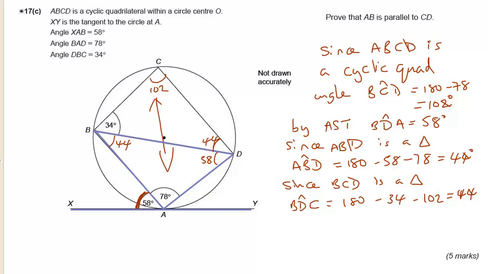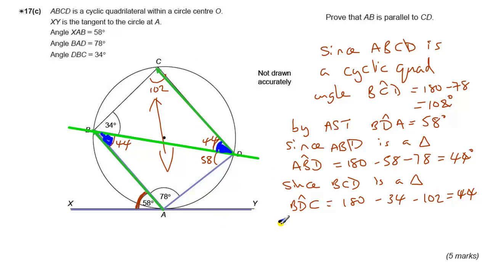So to prove that AB is parallel to DC, or CD, we can show that the line that crosses them, this line that crosses the two parallel lines, these two angles here, this one and this one, are alternate angles.